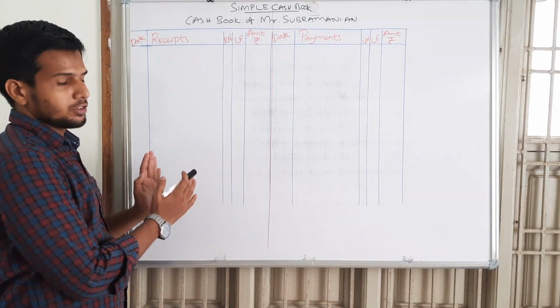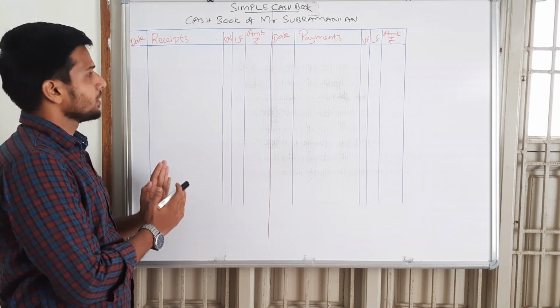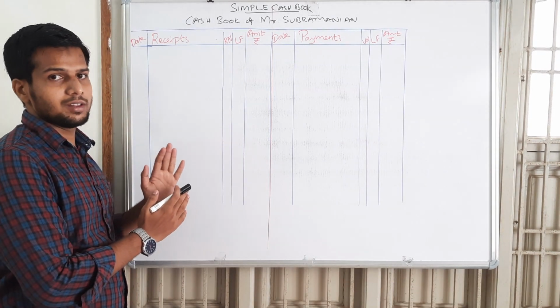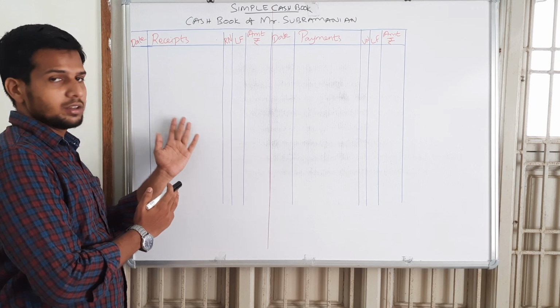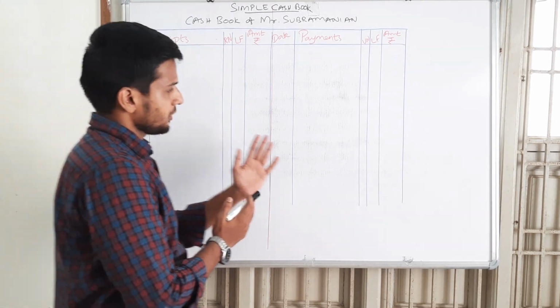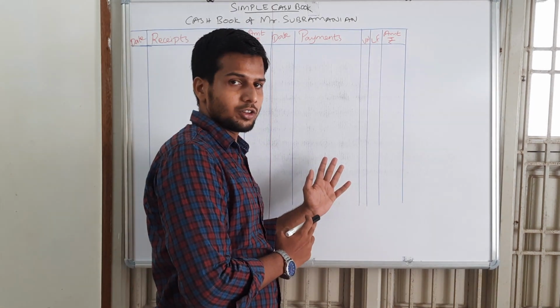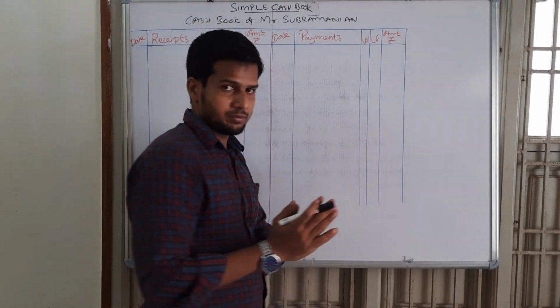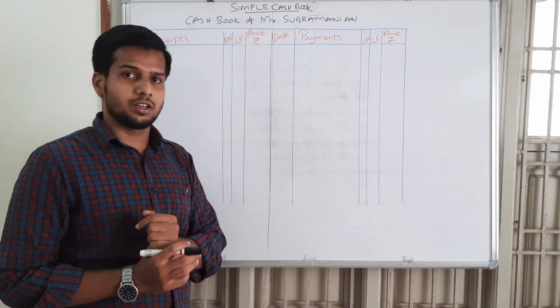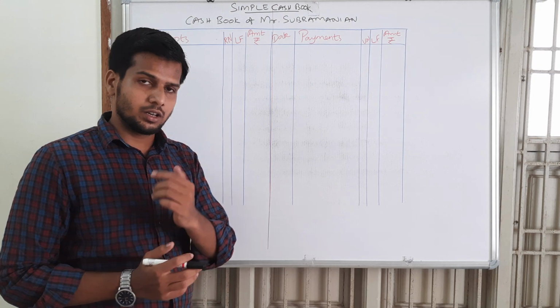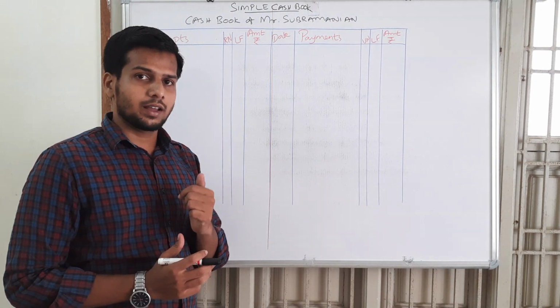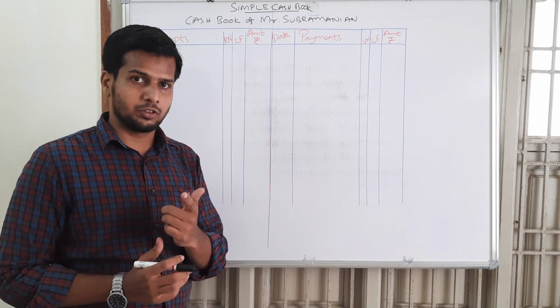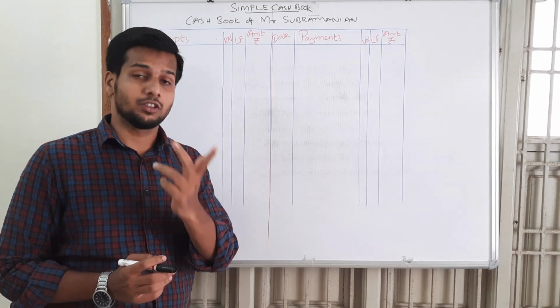So the debit side is also known as the receipt side, because we are going to record all the cash receipts on the debit side, and the credit side is known as the payment side. I remind you again that the cash book serves a dual purpose. It is a subsidiary book and also the ledger account.